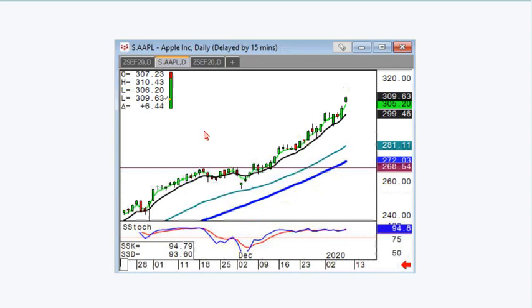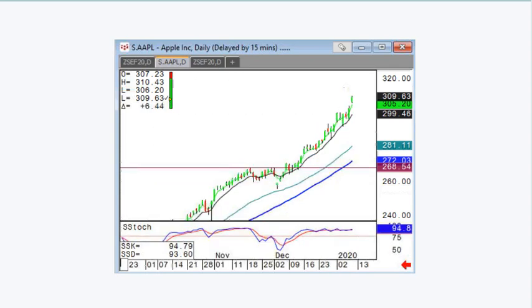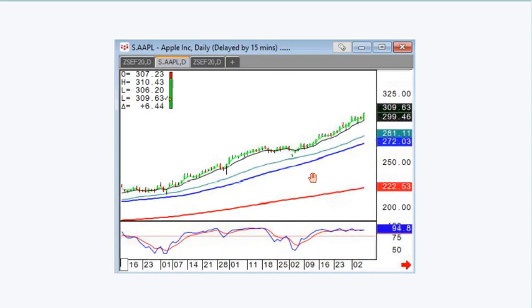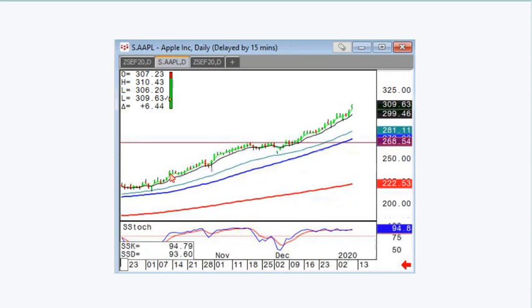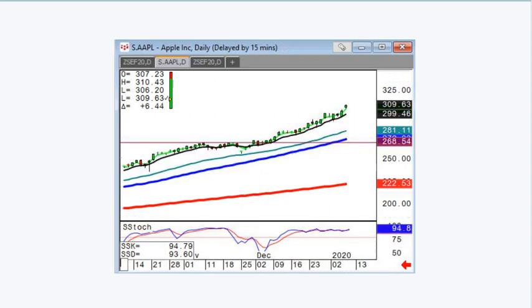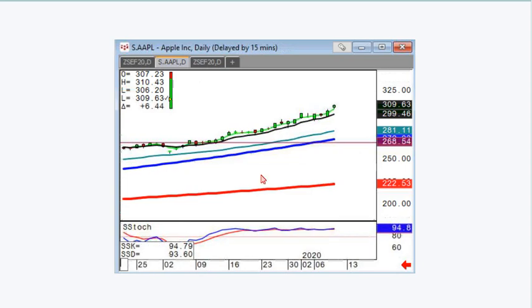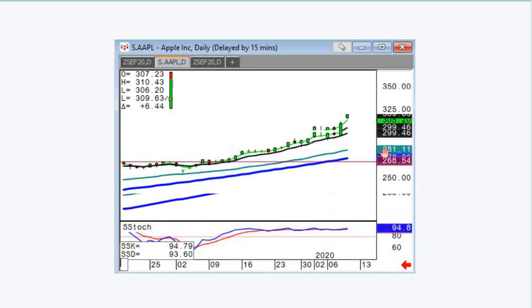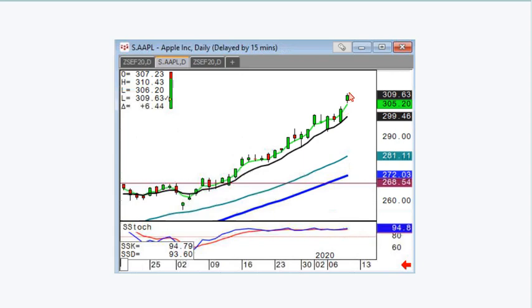Now, let me see if I can make this smaller. Try to see if wave 1 and wave 3 is getting pretty close to the same on Apple. And today, see what Apple did in the overbought area? They gapped up.